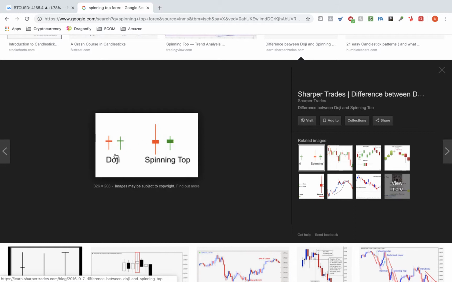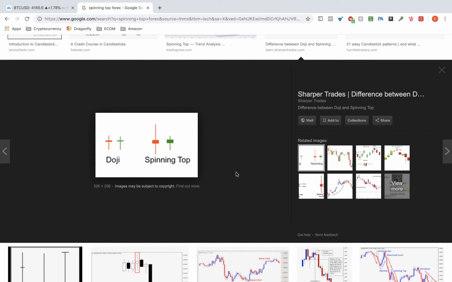If you see two of these together, or one of these and one of these together, so either two dojis, two spinning tops, or a doji and a spinning top, around areas of support, resistance, trend lines, zones, anything that's another confluence, and price has been going one way and you're waiting for that reversal, and then you see two dojis, two spinning tops, or a combination of both in the middle, this is going to be a huge signal.